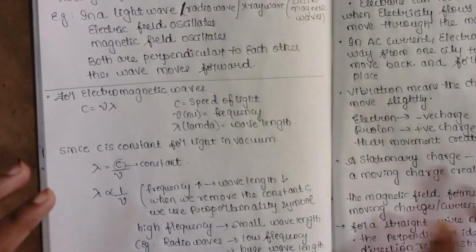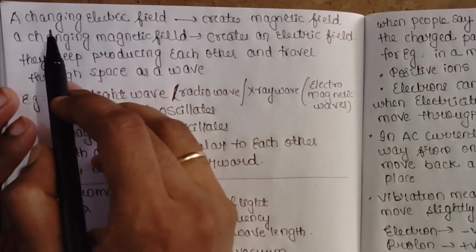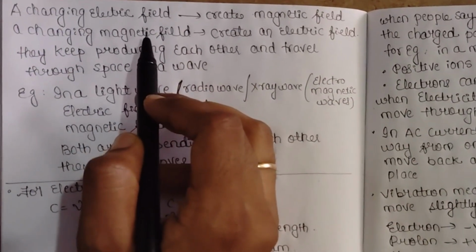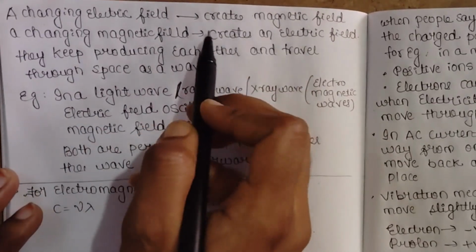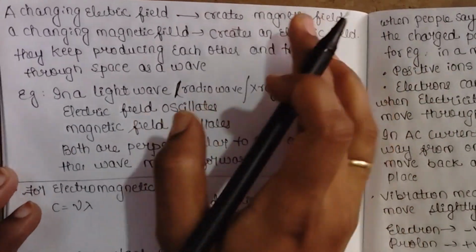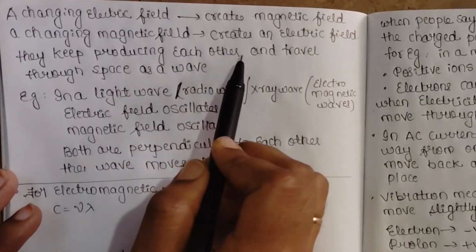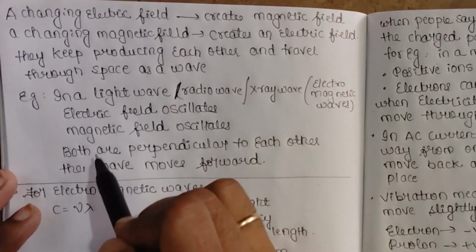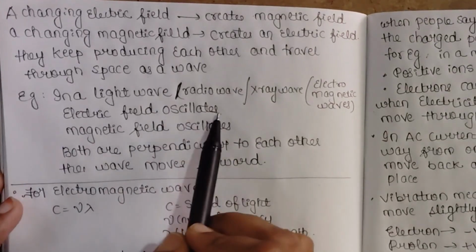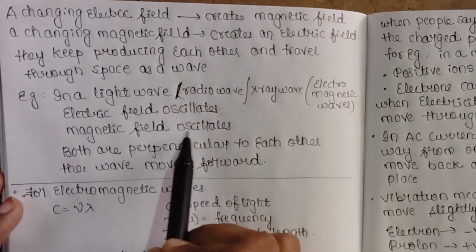Now, a changing electrical field creates a magnetic field, and this magnetic field creates an electrical field, vice versa. When both fields travel through space, they create a wave. If the electric field oscillates, the magnetic field also oscillates.